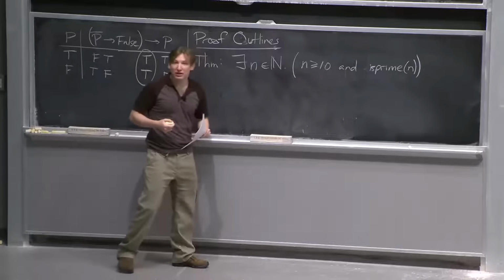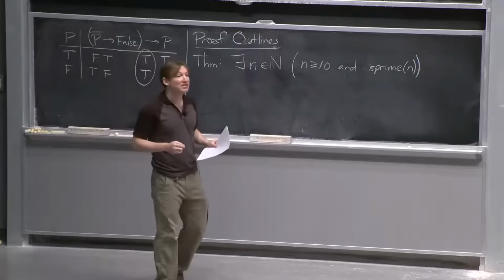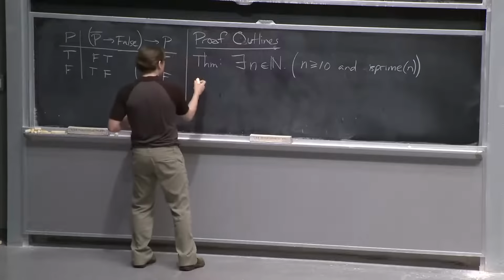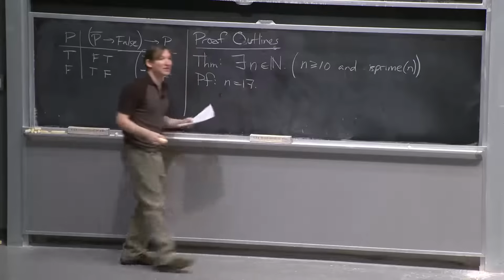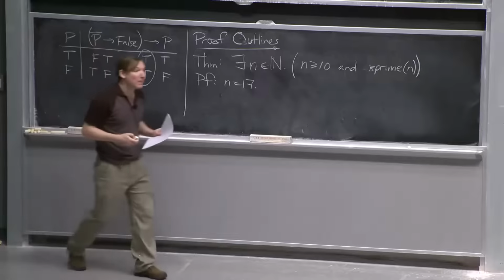Can someone prove this for me? Yes? 17. That's actually the same example in my notes. Well done. Proof. N equals 17. Is that a full proof? I mean, kind of. Yes?